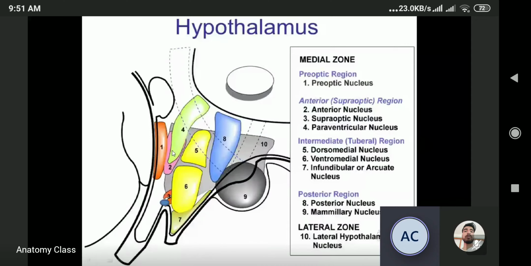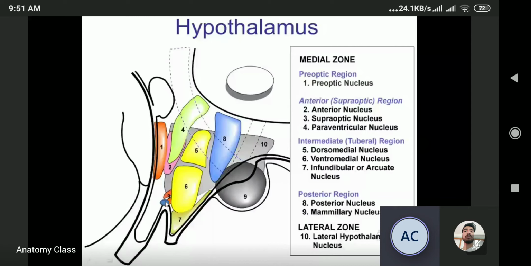The nuclei present here are the anterior nucleus, labeled number 2, and the paraventricular nucleus, number 3. Here is the supraoptic nucleus, and the small area below it, lying just above the optic chiasma, is the suprachiasmatic nucleus, which is missing at this level.